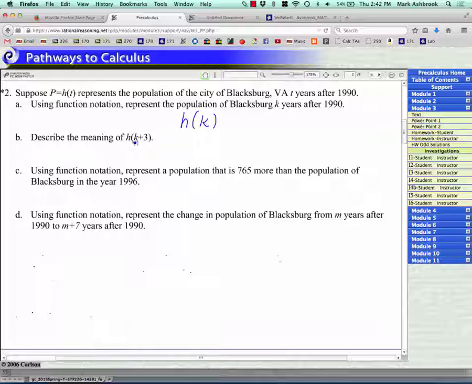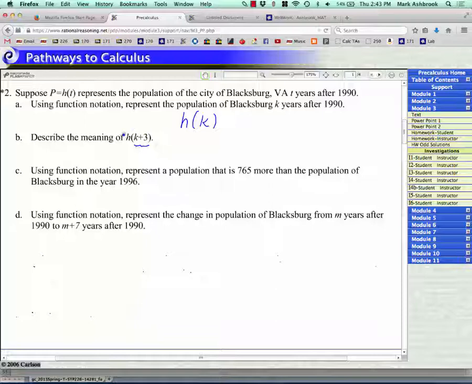So how many years after 1990? Like a given amount of years plus 3. Yeah, so it's not 1993 that this is the population of. It's k plus 3 years after 1990. Jacob? I said it's a given amount of years plus 3 after 1990.